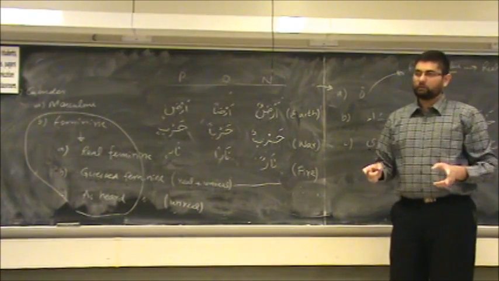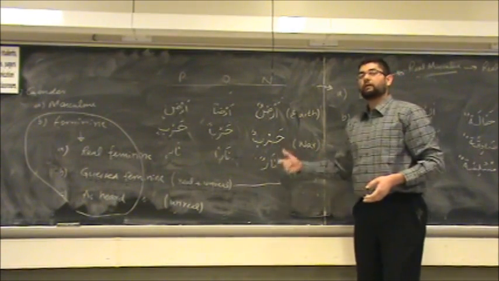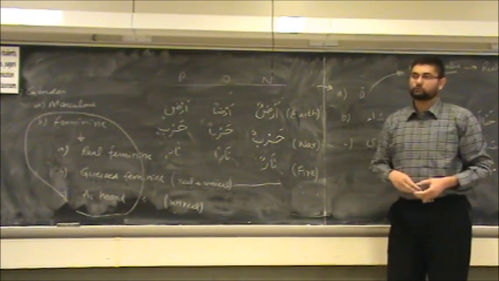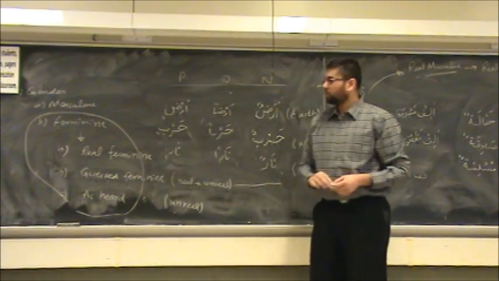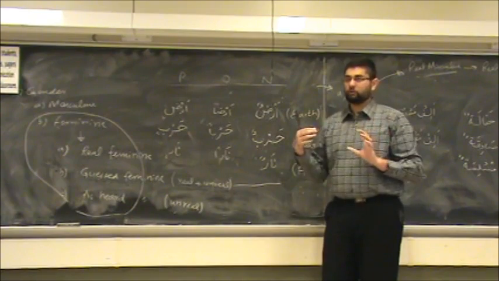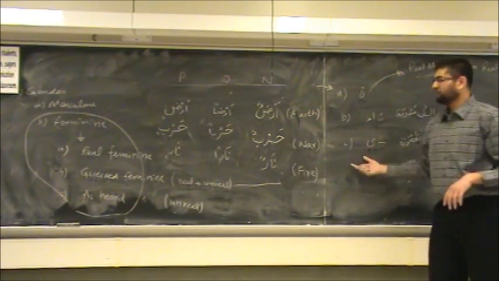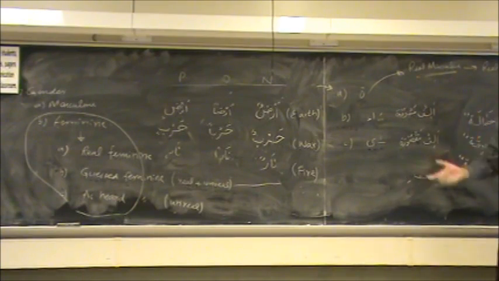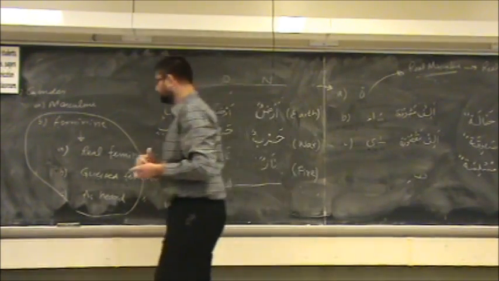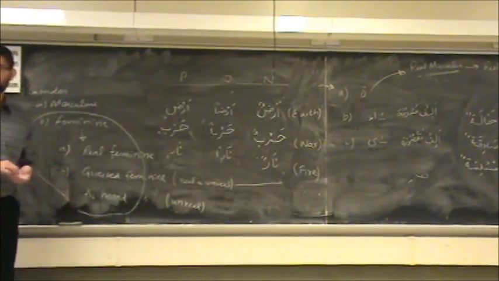They are unreal, but Arabs call them feminine, so we have to. So these are all the types of feminine and the ways to identify and transform them, and it completes this study. Any questions so far?